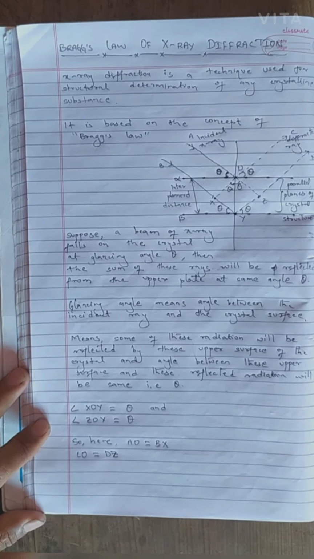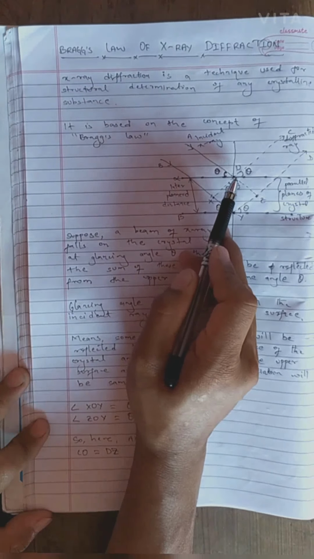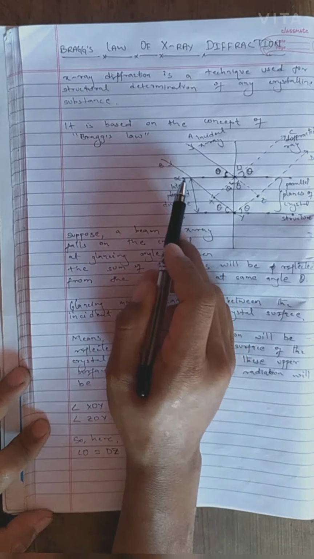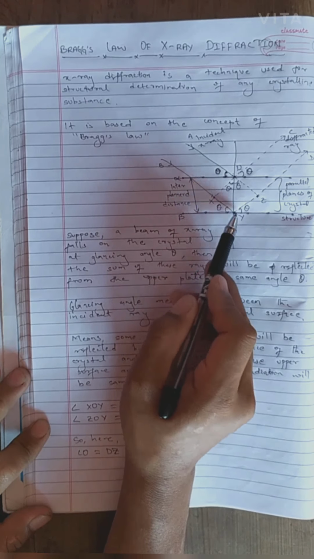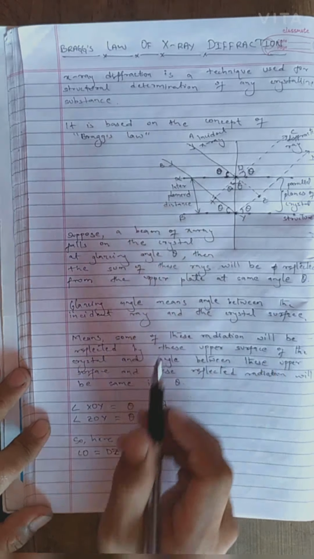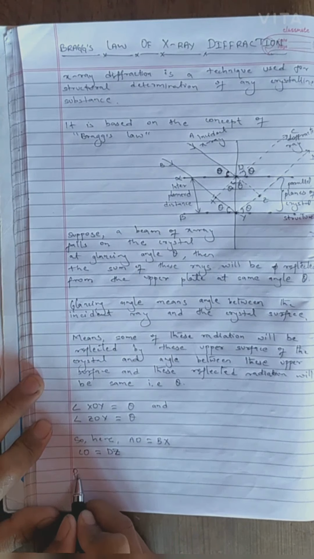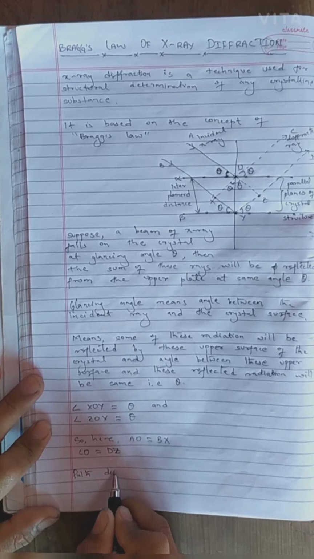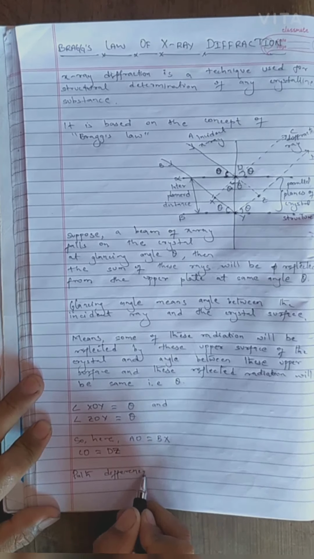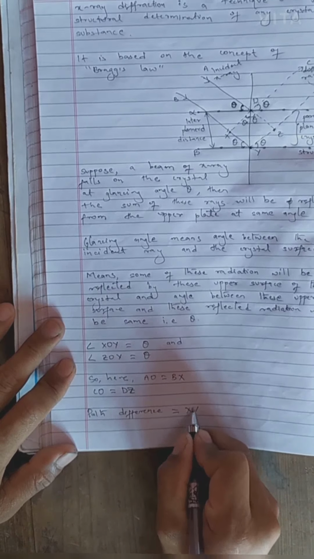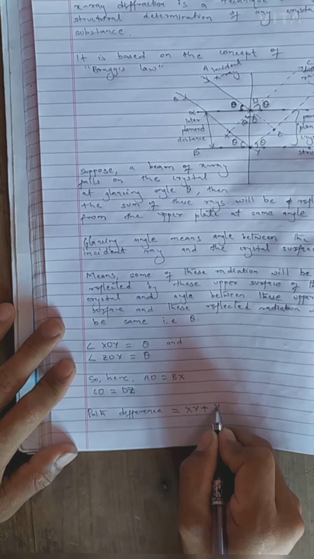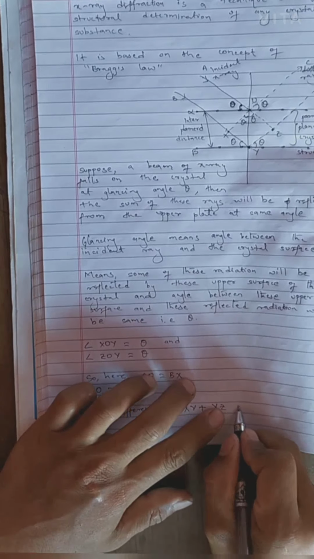So the path difference between the AX ray and the BX ray will be equal to XY plus YZ. So this is equation number 1.